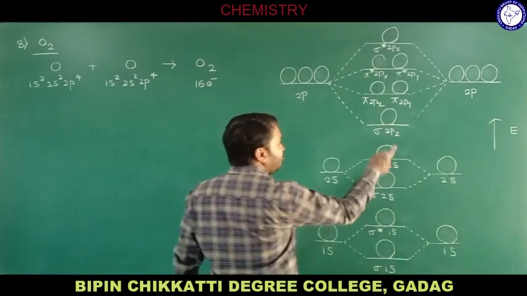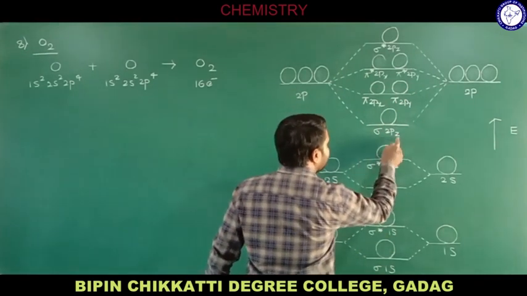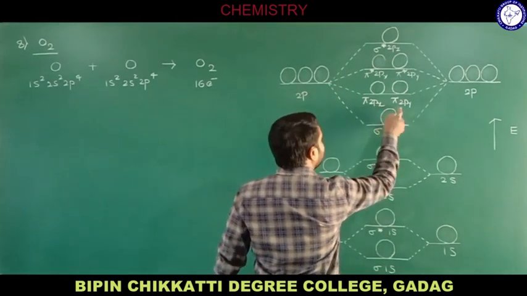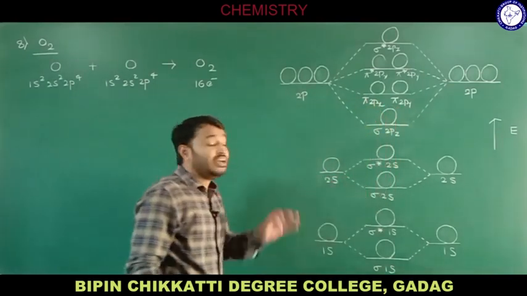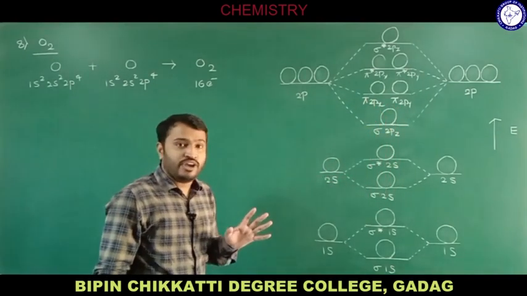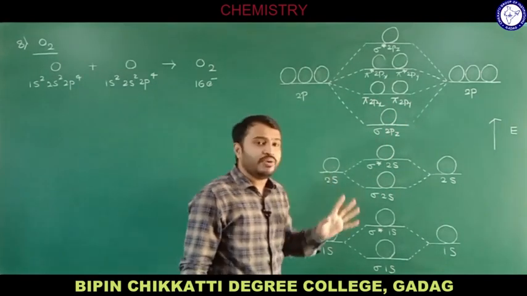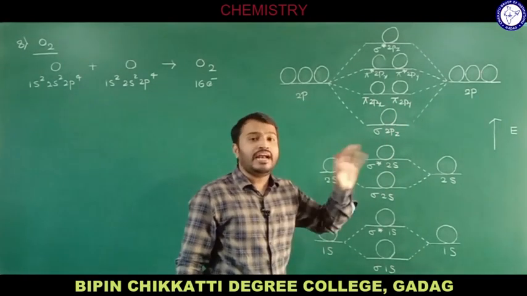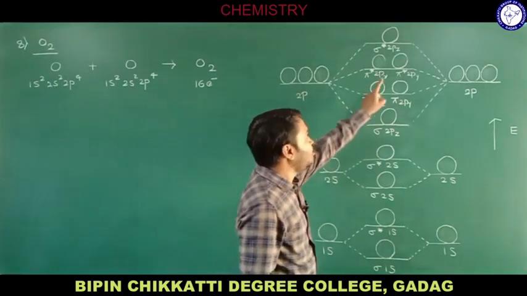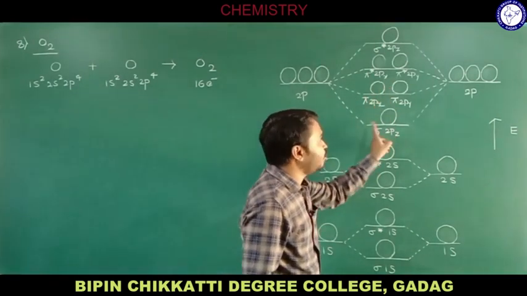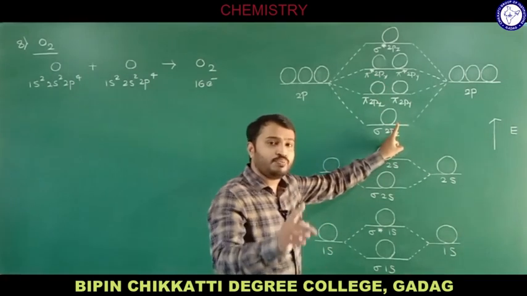Oxygen we have, therefore first you need to fill sigma 2pz and later sigma 2px and pi 2px and pi 2py. I told you the reason also, where there is overlapping of 2s and 2pz atomic orbitals. For lighter elements you need to consider one molecular orbital here and 2 molecular orbitals here, in case of 2p in particular.